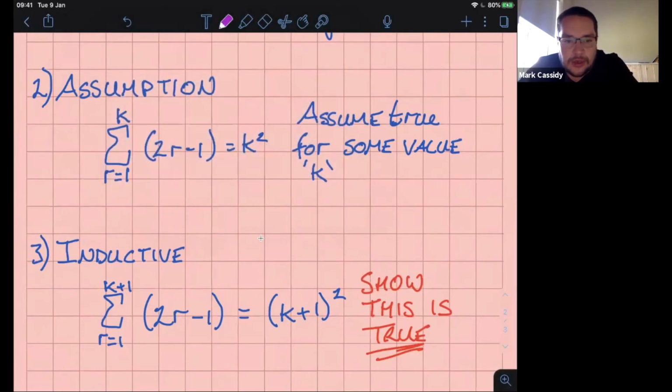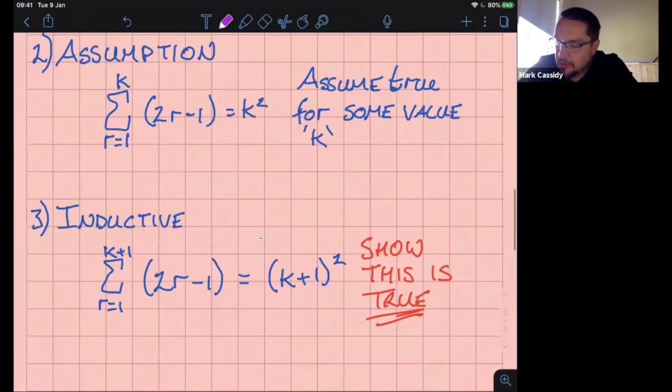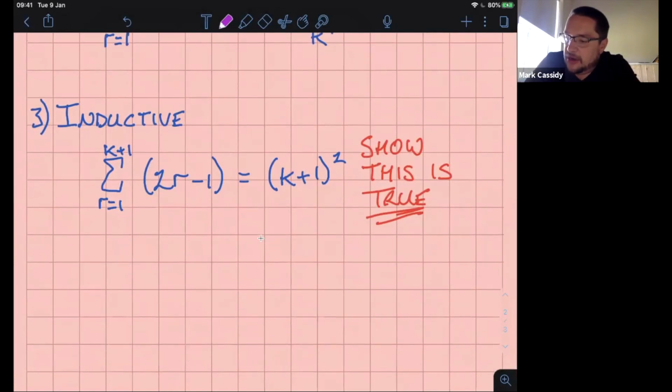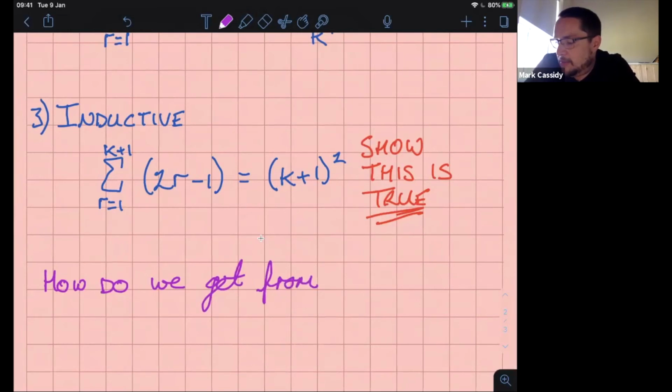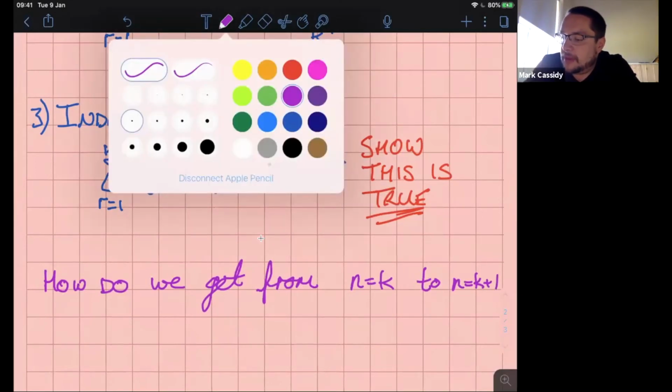So in order to do that, what we need to think about is how do we get from n equals k to n is equal to k plus 1? How do we actually do that? So let's have a look at our thing.